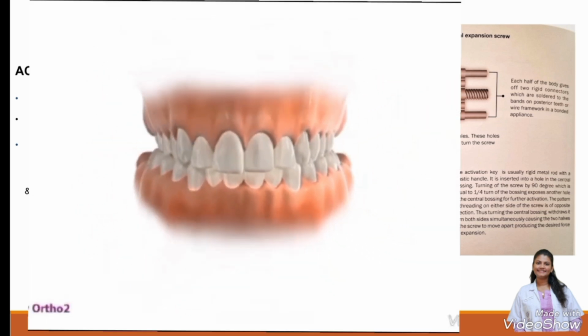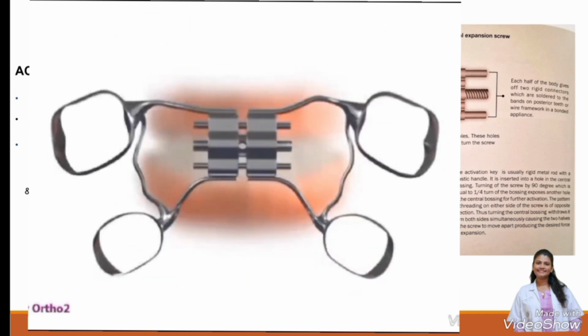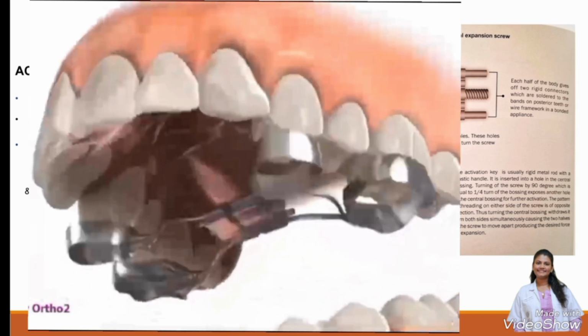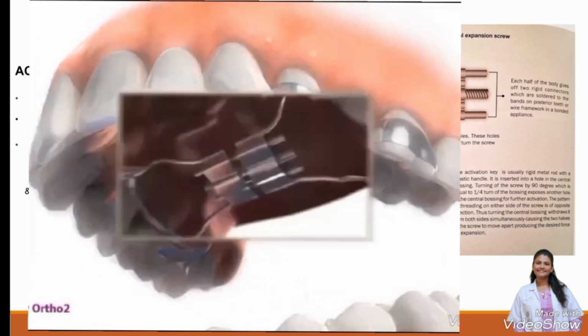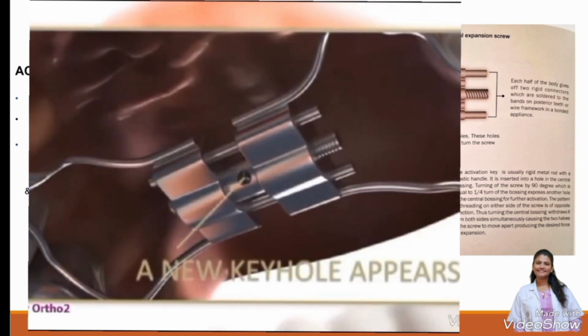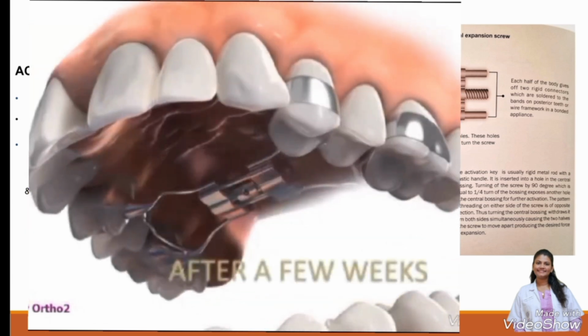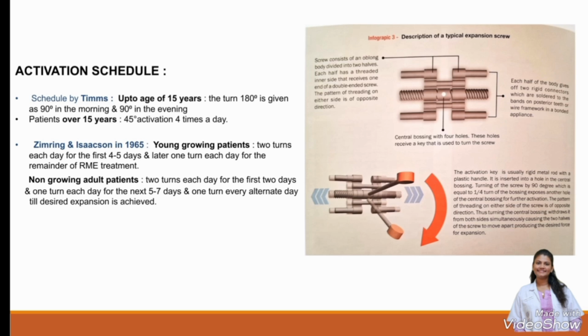The activation key is usually a rigid metal rod with a plastic handle. It is inserted into the hole present in the central bossing, and the screw is turned by 90 degrees, which is equal to 1/4 of a turn. Let me give an example of a screw with 1 mm expansion.